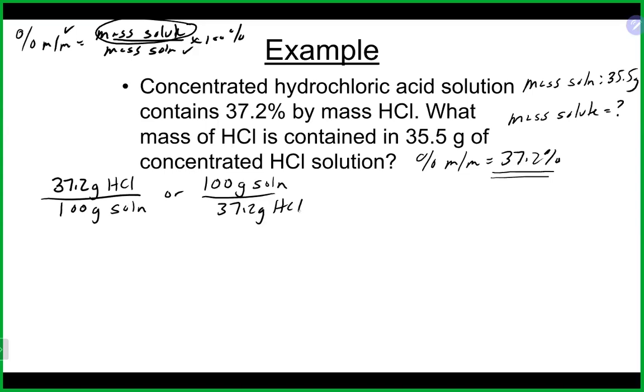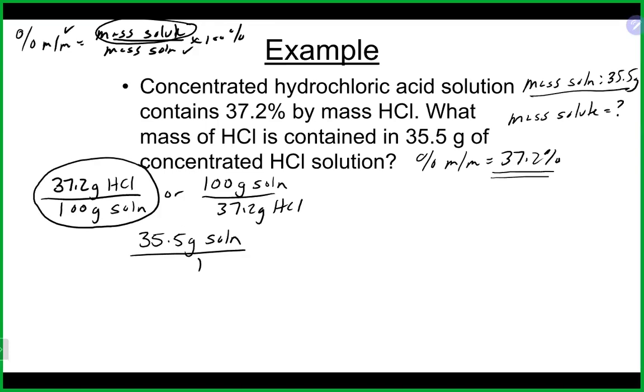You have the mass of the solution given to you, so you take your 35.5 grams of solution, put it over 1, and with dimensional analysis, opposites cancel. So we put in 37.2 grams of HCl over 100 grams of solution. Because this is dimensional analysis, as we've done a lot, we know we're multiplying the top and dividing the bottom. By taking this approach, you don't have to worry about whether you correctly rearranged the equation.